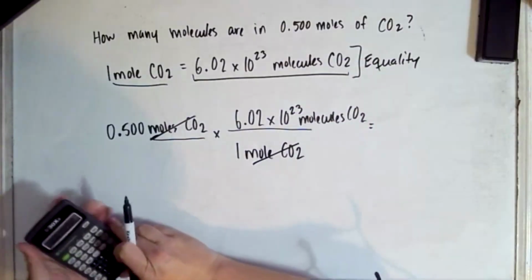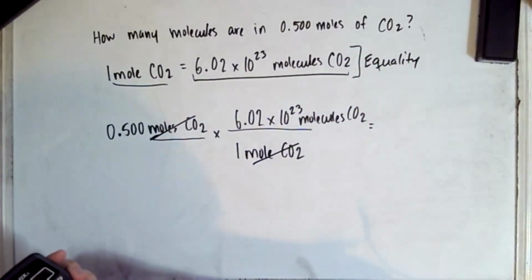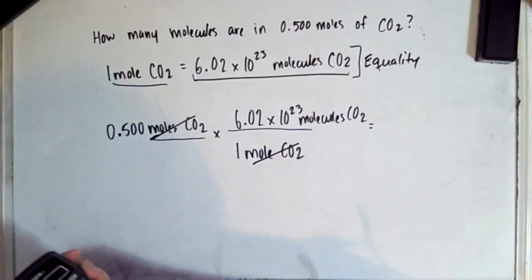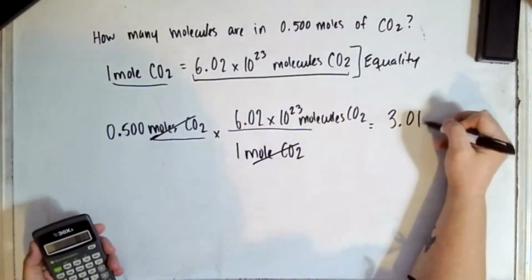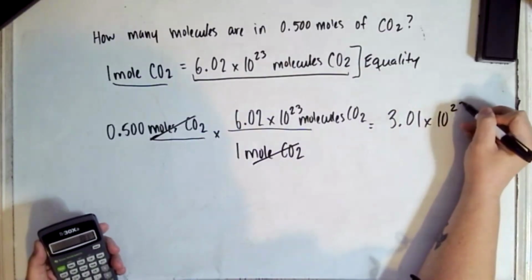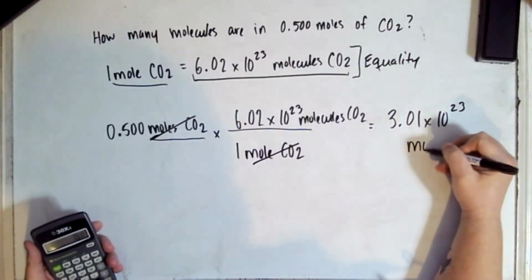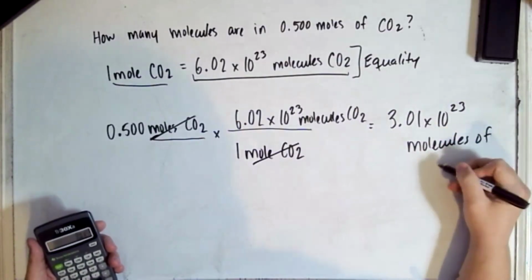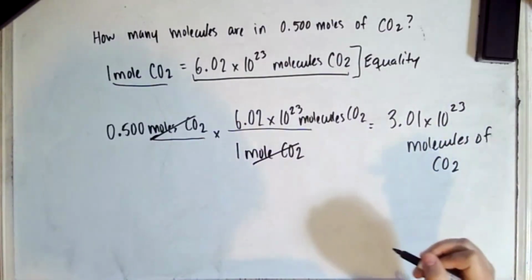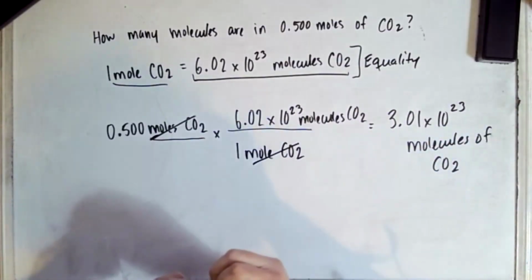So we're going to do 6.02 times 10 to the 23rd times 0.5, which is 3.01 times 10 to the 23rd molecules of CO2 in 0.500 moles.